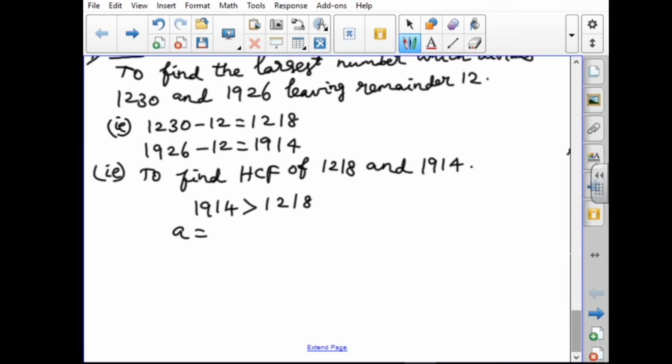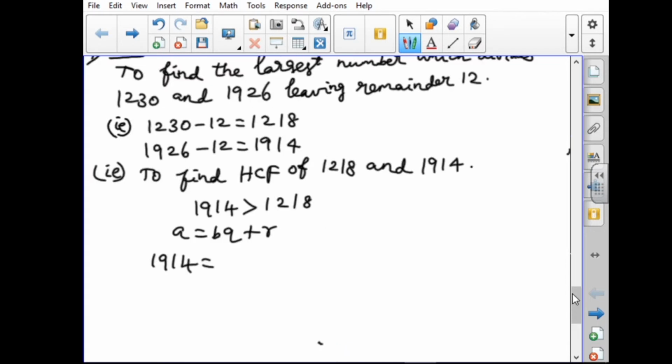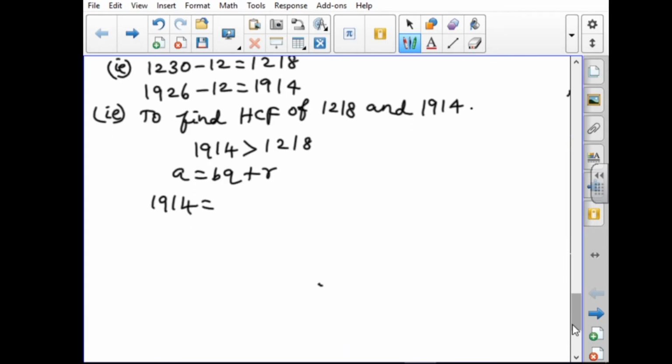So you have to use the lemma A equal to BQ plus R. So 1914 equal to 1218, we have to divide, it will be one time. The remainder will be 696.